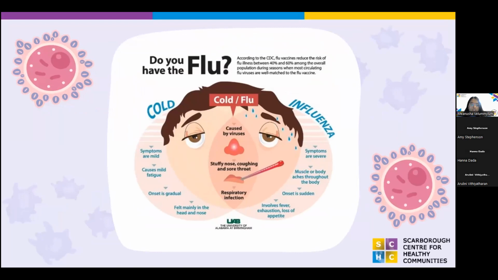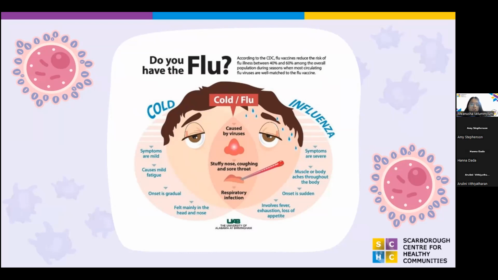So here's a little image that says, do you have the flu? It shows symptoms between cold and influenza, because we know sometimes the symptoms can be very similar and can overlap. With the cold, symptoms are very mild and can cause mild fatigue. The onset is more gradual, and it is felt mostly in the head and nose region. With influenza, the symptoms are a lot more severe.